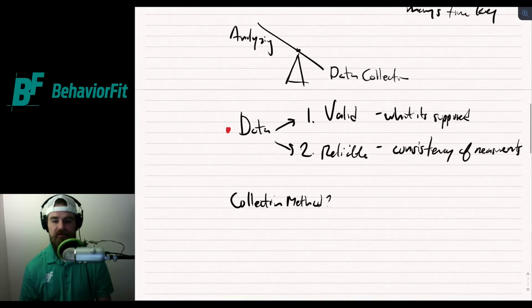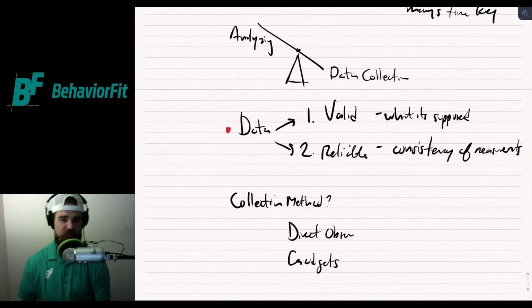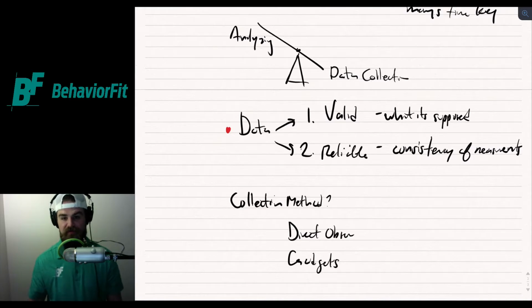So we have data collection here. We either have direct observation, or we have the gadgets and gizmos. Again, just on the behavior piece, we want to measure 2 to 3 targets. We want to make sure those data are valid and reliable, measuring what they're supposed to, right? Here's a good example with validity. I always make the joke that you can get steps by taking 12-ounce curls at the bar, right?